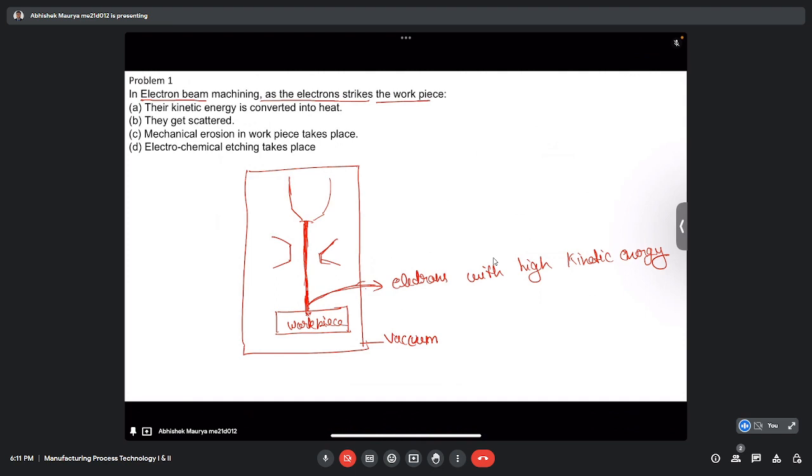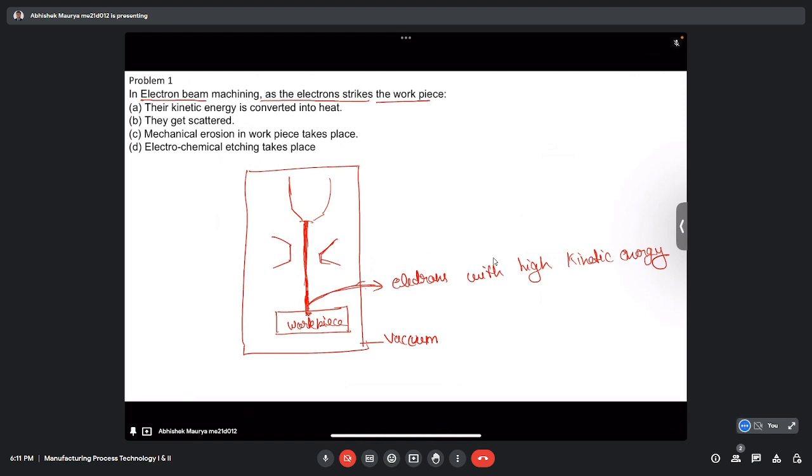So in a very small area, a large amount of kinetic energy has been transferred by the electrons, and therefore an immediate localized temperature rise of the workpiece material takes place, and because of the heat produced from the kinetic energy of the electrons, the workpiece material gets melted, and sometimes the energy is so high that the workpiece material directly gets evaporated.